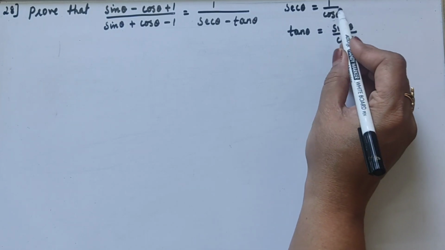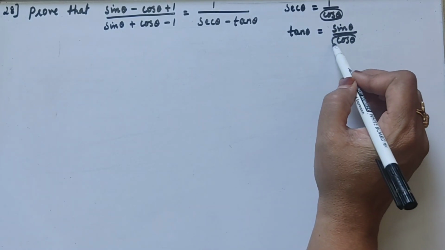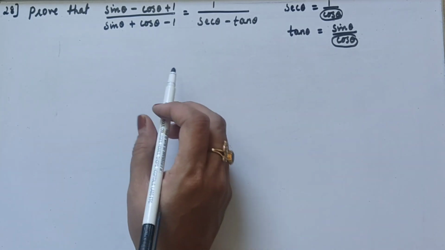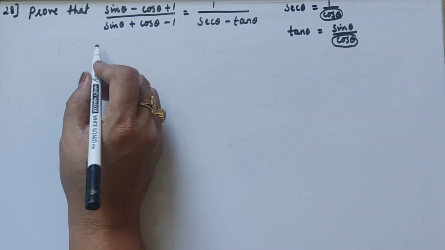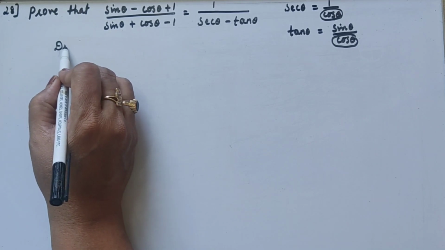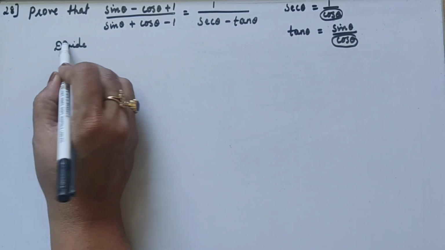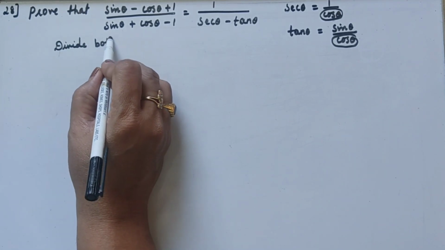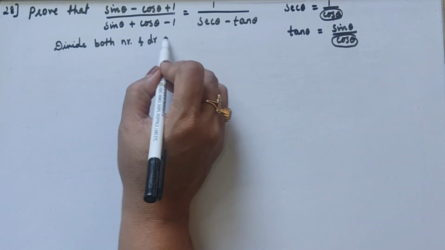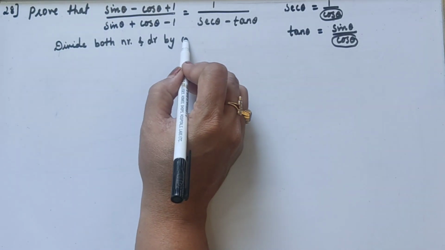As you can see, both the denominators have cos. So let me divide both the numerator and denominator by cos theta.